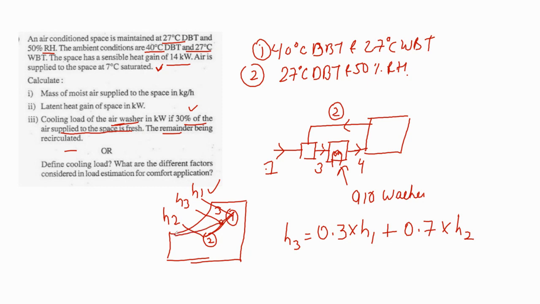Okay, from H3 we draw a straight line, and actually in this case there is no bypass factor given.